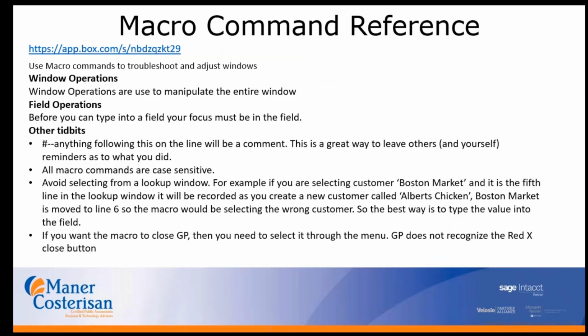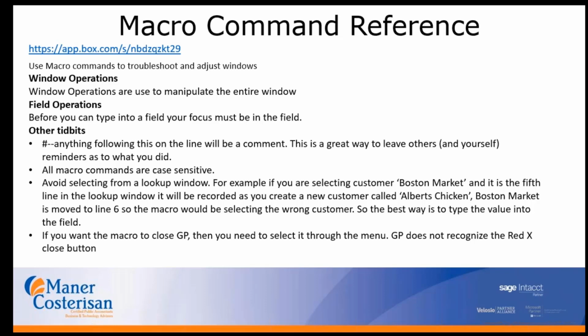Everyone has macros. Most programs have macros, but GP allows you to create macros and do things such as auto approve transactions. It helps you to add in transactions or create batches or create transactions, or a lot of mundane things that you have to do every day.